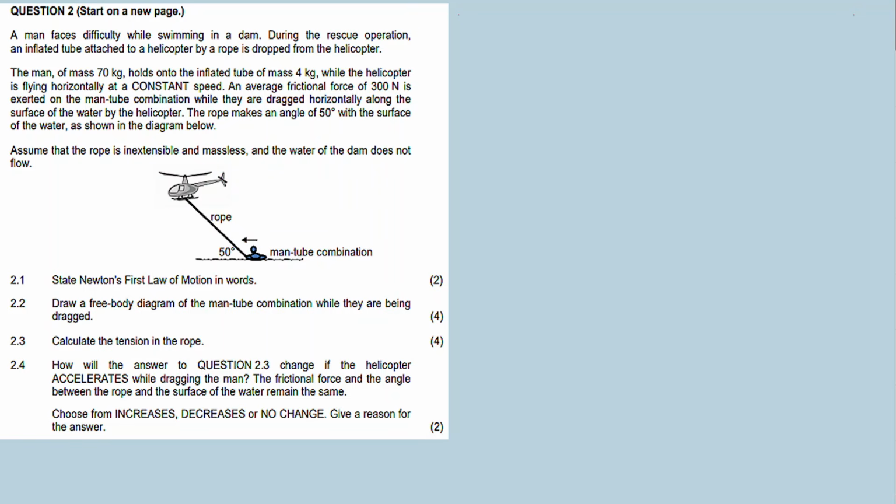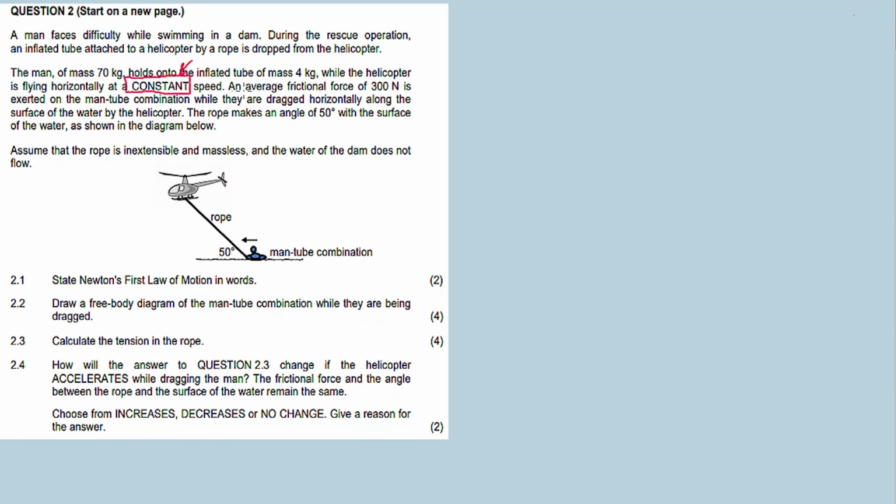Then the man of mass 70 kilogram holds onto the inflated tube of mass 4 kilogram while the helicopter is flying horizontally at a constant speed. There's a reason for this emphasis, constant speed, which we discuss at a later stage.